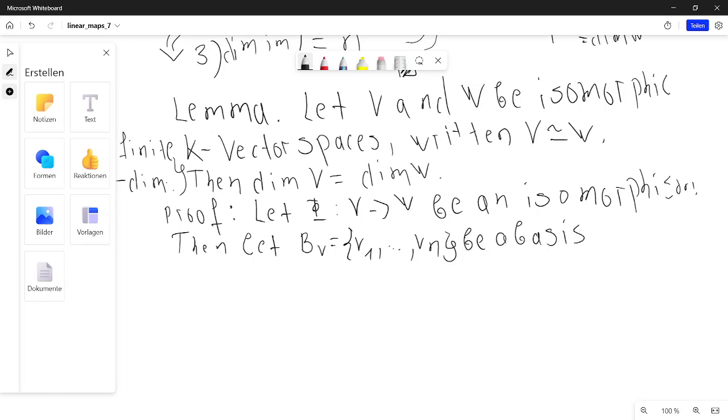Let that be the basis of V and call this finite number n, right?